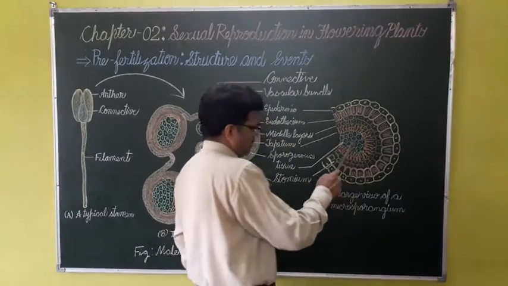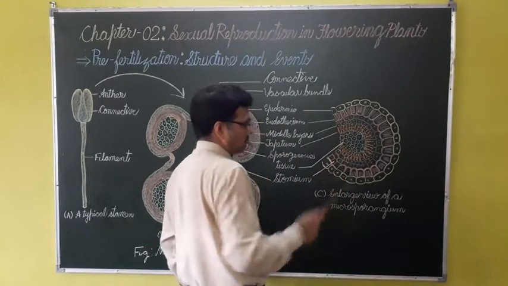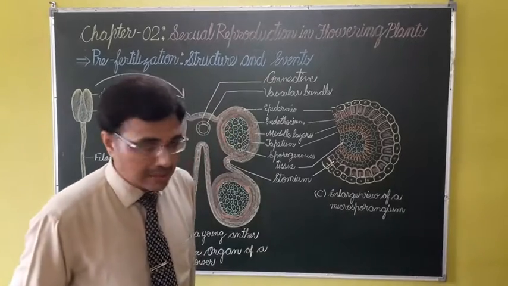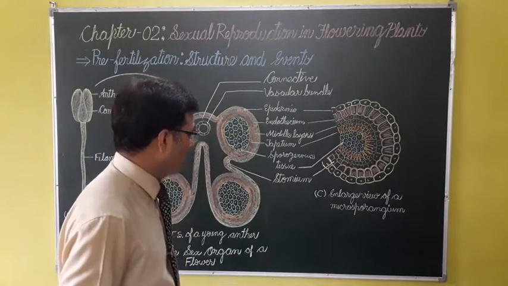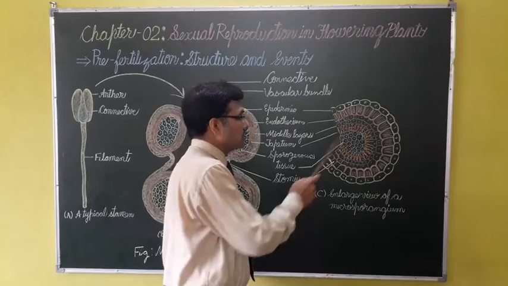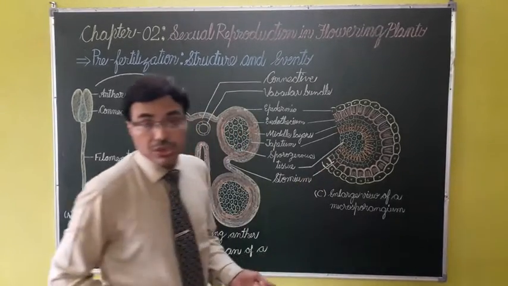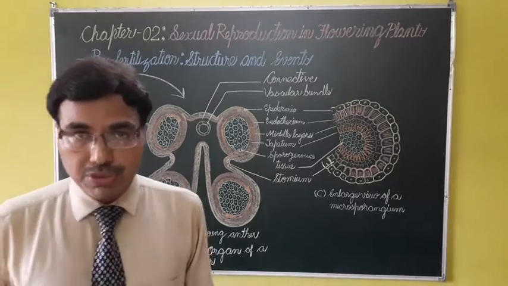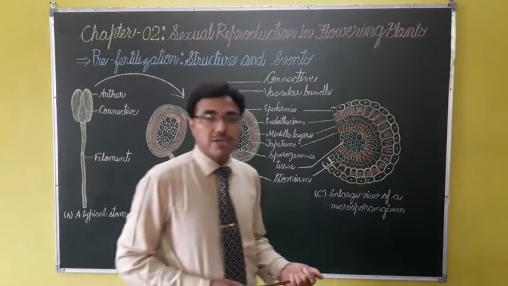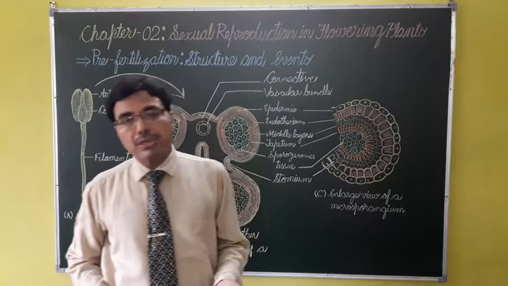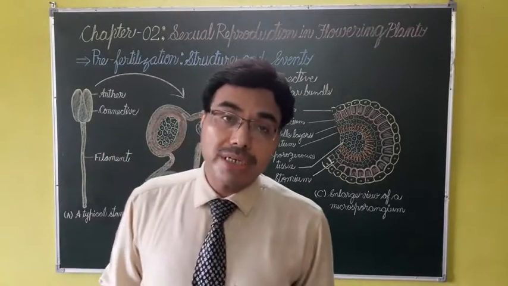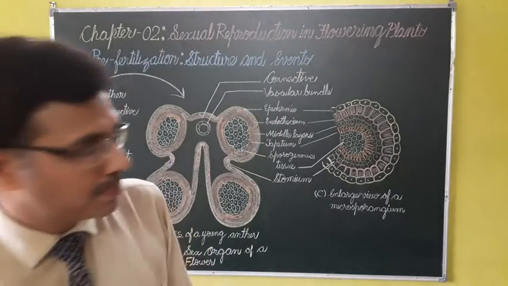Now at the center here is a group of cells. These group of cells together form the sporogenous tissue. Sporogenous tissue is actually responsible for the formation of microspores, and these microspores later on develop into the pollen grains, and inside the pollen grains the male gametes develop.